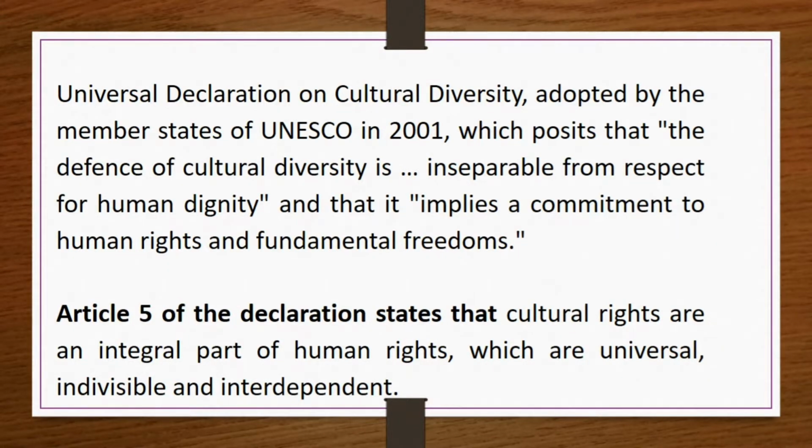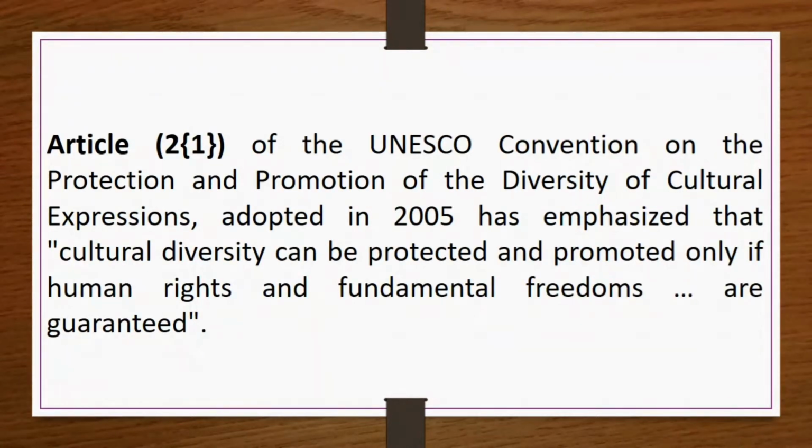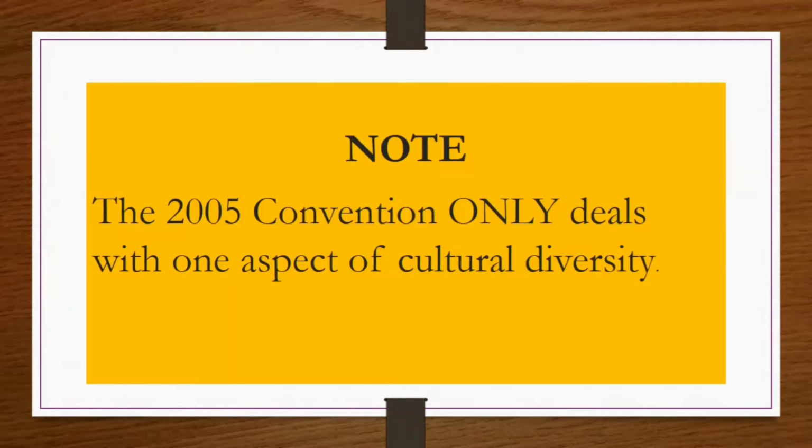Also, Article 5 of the Declaration states that cultural rights are an integral part of human rights, and they are indivisible and interdependent. Also, Article 2 of the UNESCO 2005 Convention has emphasized that cultural diversity can only be promoted and protected if human rights are guaranteed.